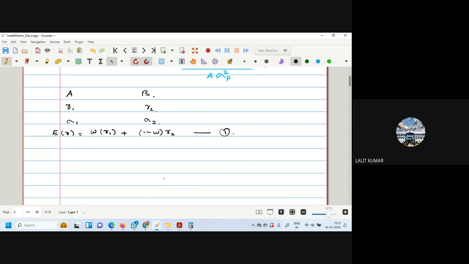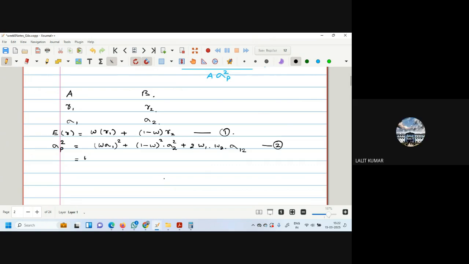Number two, the variance of this portfolio will be equal to W square into sigma 1 square plus 1 minus W square into sigma 2 square plus 2 W1 W2 and covariance of 1, 2. This is okay. Now we can expand this.